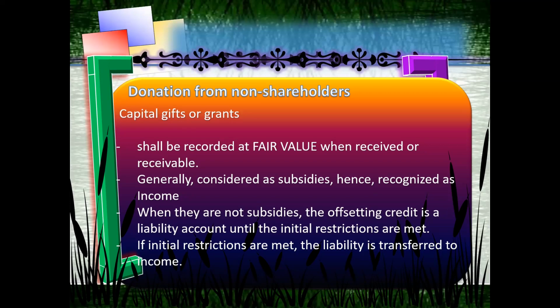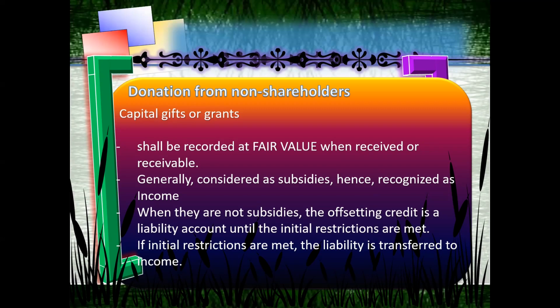So pag na-receive na natin or when it becomes receivable, we have to record it at fair value. Now, on the other side naman, yung sa credit side, ano naman ang gagawin natin? Saan natin siya i-credit? So sabi dito, since ma-consider daw itong donation from non-shareholders as subsidy, then you have to recognize it as income.